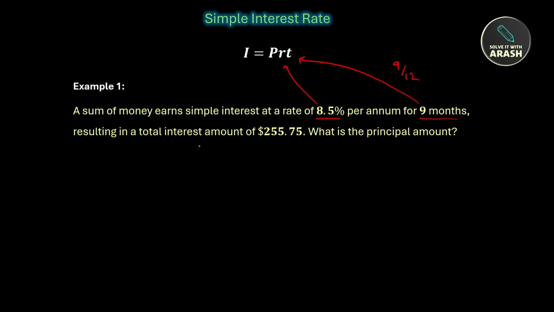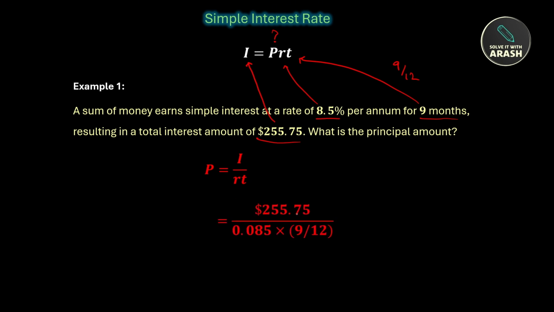And then the principal amount is not given, and we need to find that, but the interest amount earned is $255.75. So we need to rearrange this formula and solve it for P. And here's how we do it. P equals interest divided by R times T. Now we just need to replace I, R, and T with the given values.